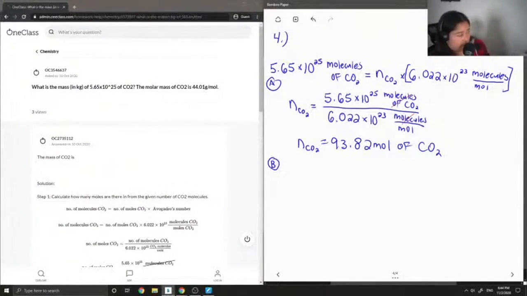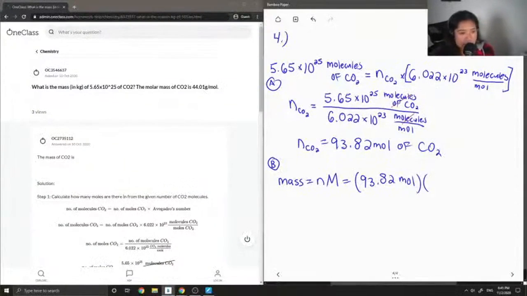The second part, we need to calculate mass. So everyone's favorite equation is mass is equal to the number of moles times the molar mass. So we figured out our number of moles in the previous step. It was 93.82 moles. And they gave us molar mass in the question, which is 44.01 grams per mole.